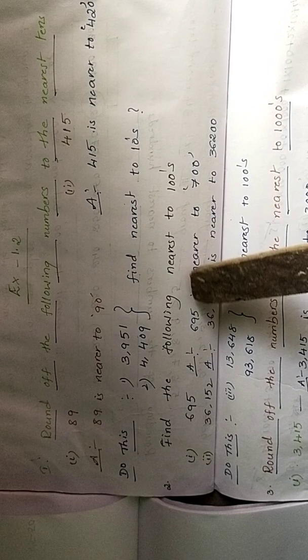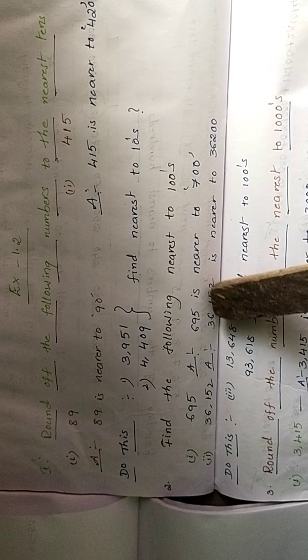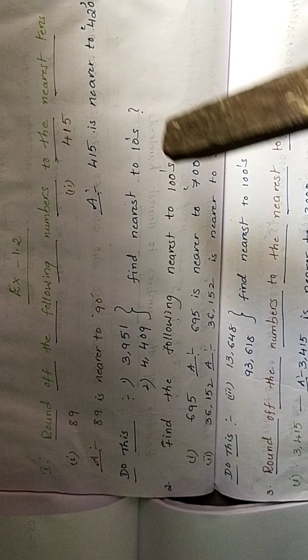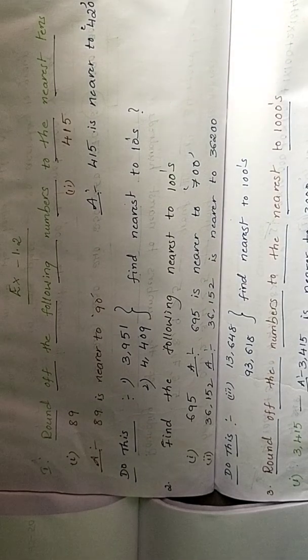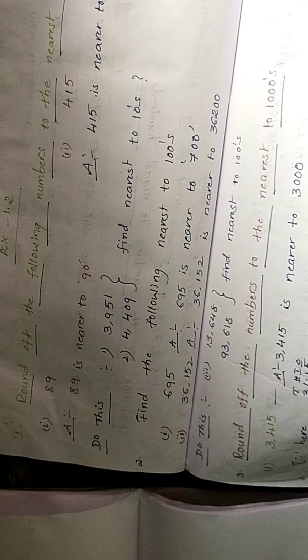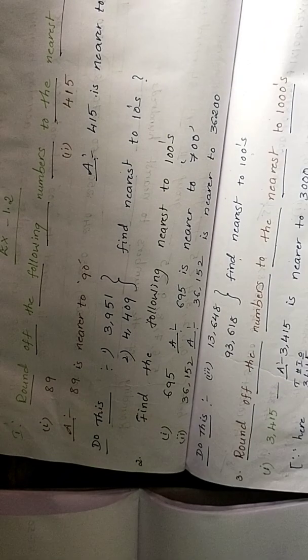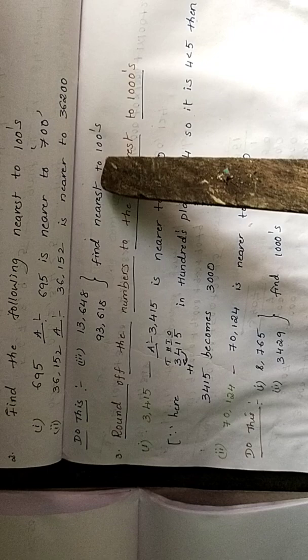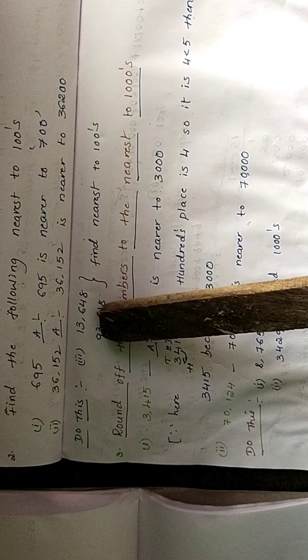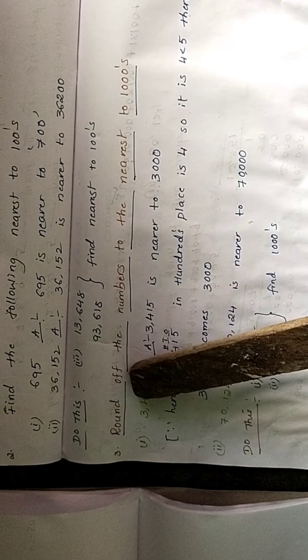Why? Because here 5 also comes, so you add 1 to 1 and the remaining 2 digits will be 0. Next, do these two problems, find the nearest hundreds. Children, you must and should do.